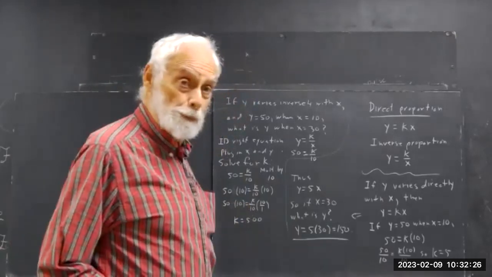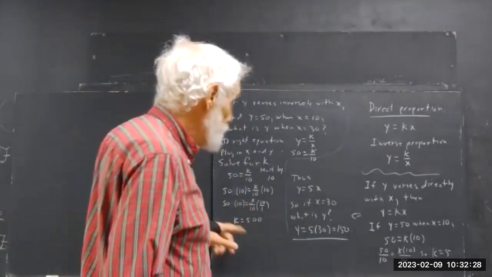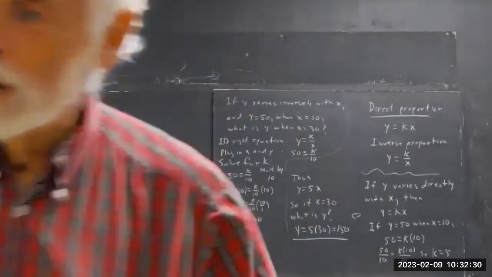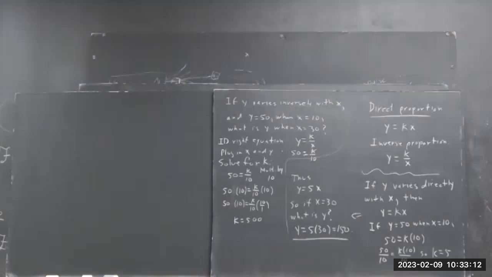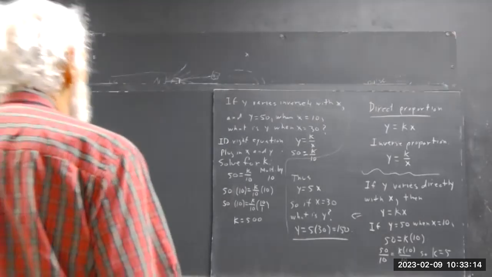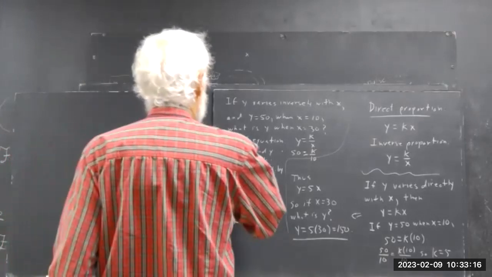What's the next thing we do? After we get K, what do we do? What did I do on the first problem? And what do we then want to do on this problem? Because here are the steps we take so far.